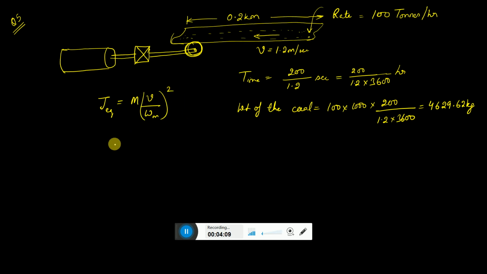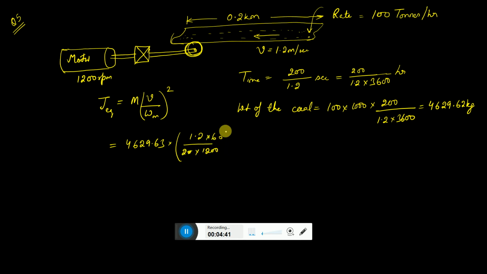The mass is given to you, that is 4629.63, and the velocity is already given, 1.2 meter per second, and omega m is the speed of the motor, which is given as 1200 rpm. You can convert this 1200 rpm into radian per second, so 2 pi into 1200 divided by 60.